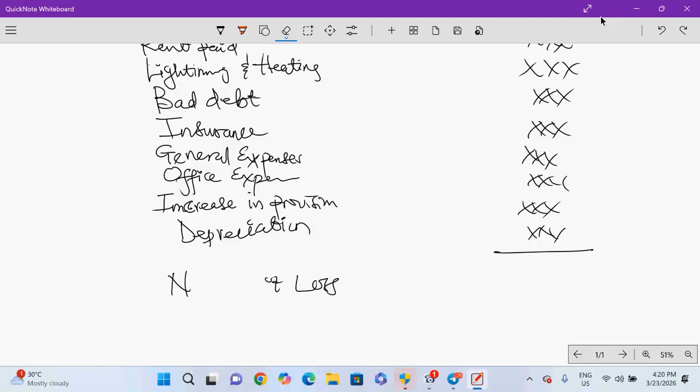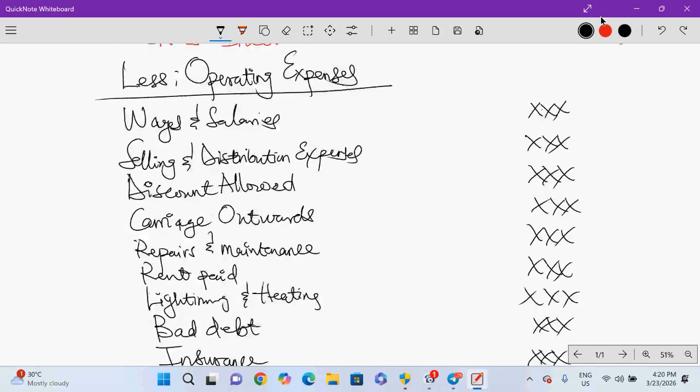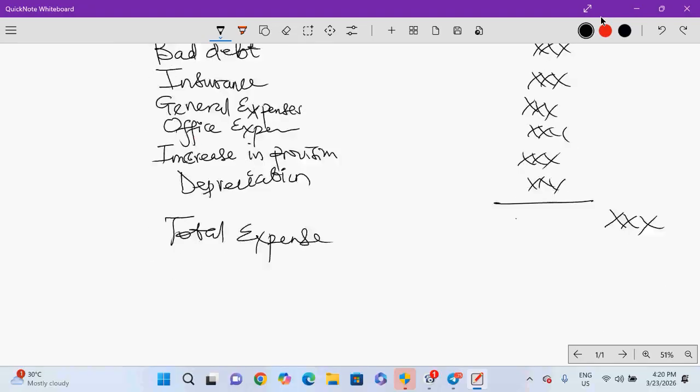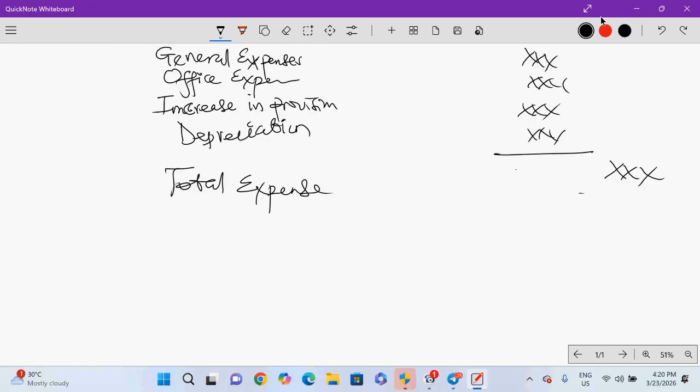So what is the total expense? Total expense is this. Deduct it from the gross income. What are we getting? Net profit.